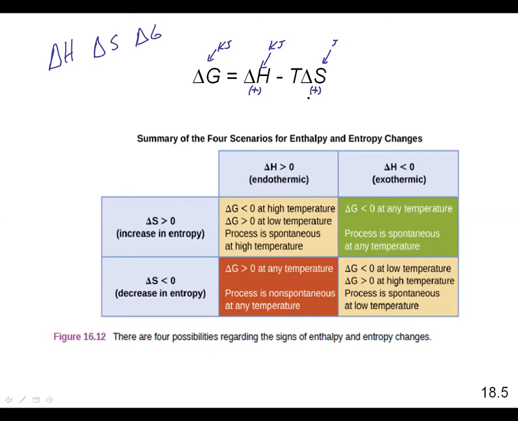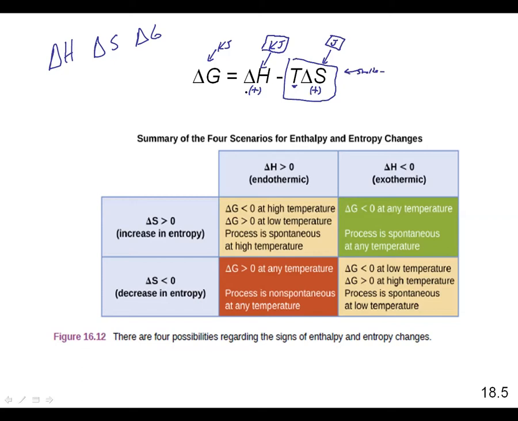So we'll see why that is. Because the value of delta H is in kilojoules and our S is in joules, at normal low temperatures, the T delta S part of this number will always be smaller than the delta H value.